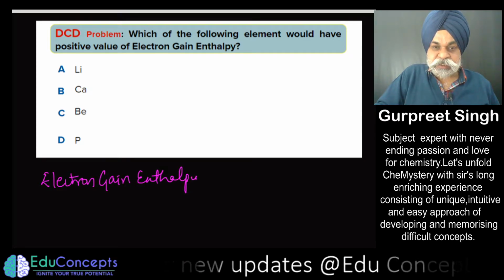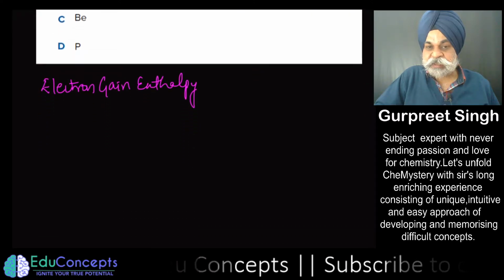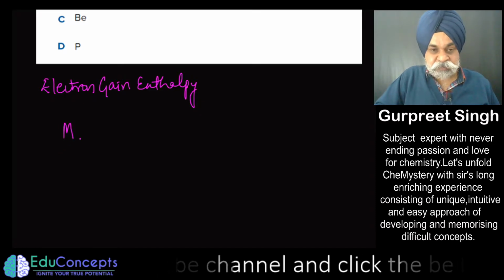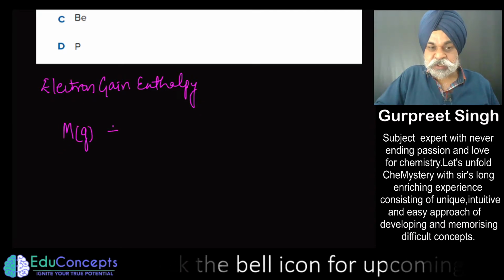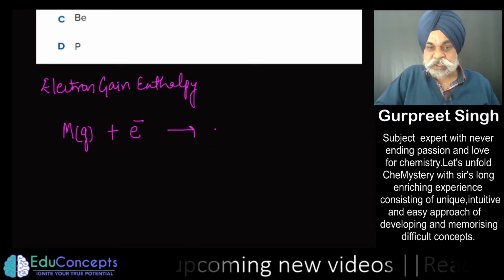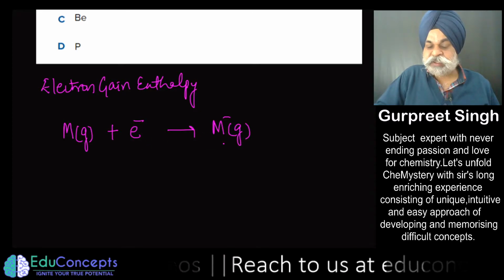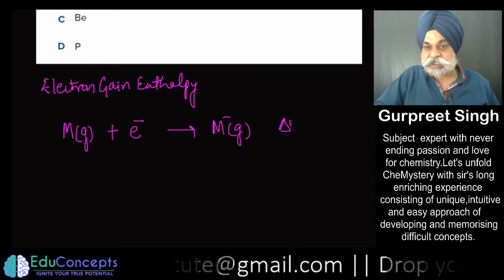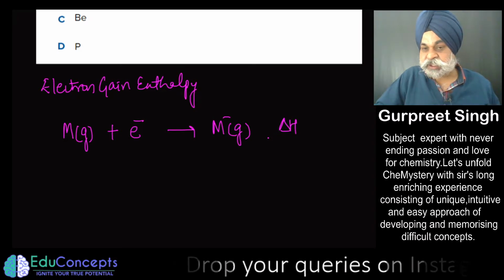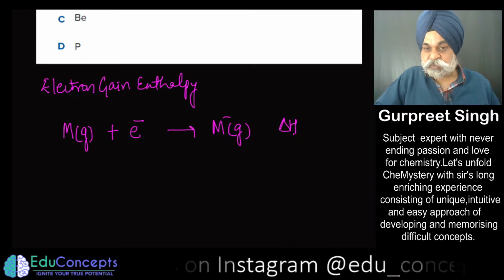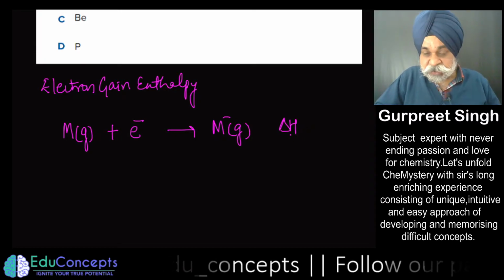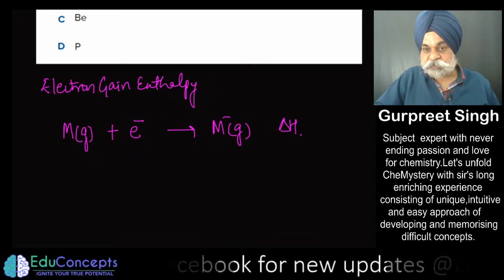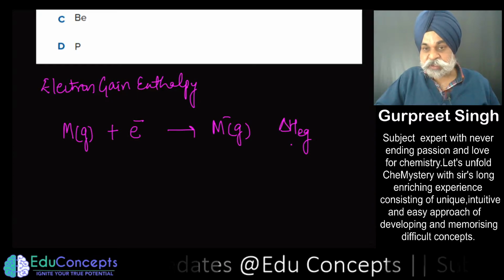Make it a point that as and when you take any gaseous element out of the periodic table, say for example some element M in the gaseous state, and if I add one electron and it becomes M negative gas, whatever the energetics involved in this process, whether it is an energy releasing or energy absorbing process, that energy involved in the gaining of an electron is called its electron gain enthalpy.